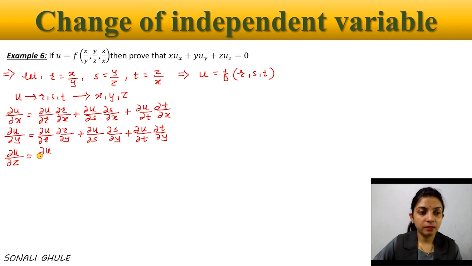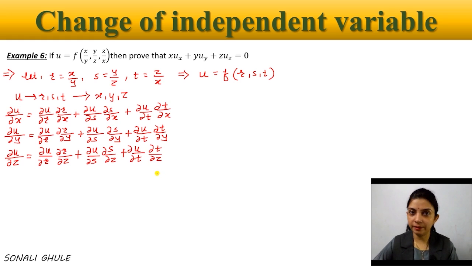So it is ∂u/∂r times ∂r/∂z, plus ∂u/∂s times ∂s/∂z, plus ∂u/∂t times ∂t/∂z.